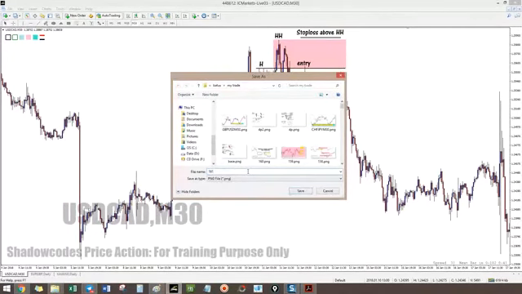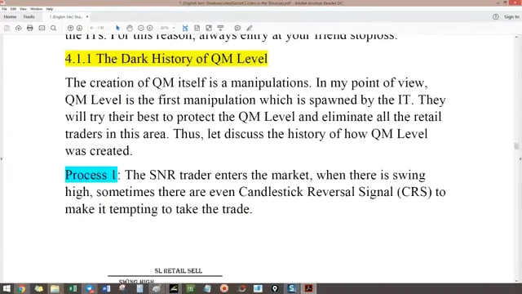So big, yes, it's really big. Your zone is this one. Okay, you are not entering the more advanced QM yet. This is the advanced QM.